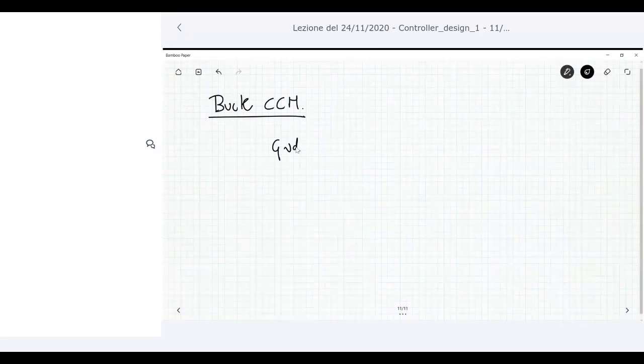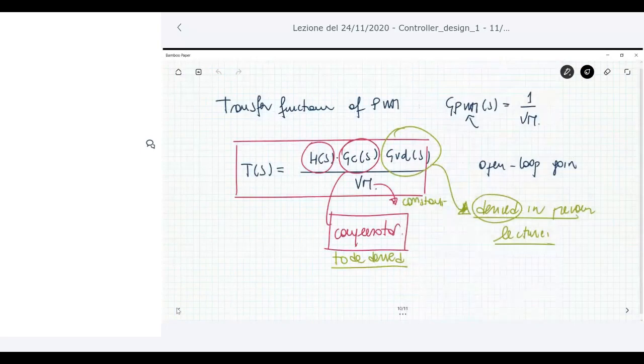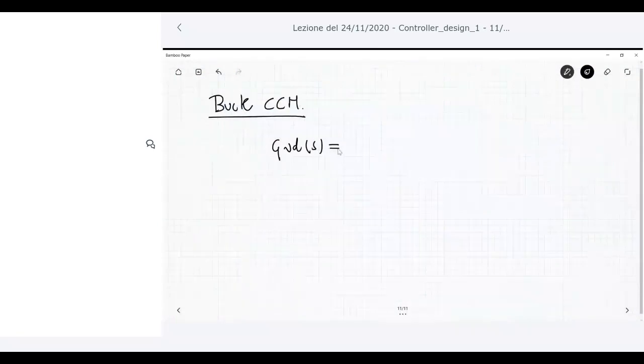So the buck is typically operated in CCM. Which is the transfer function GVD, the control-to-output transfer function, that I have to put here in this open loop gain for the buck CCM? This can be described in this way.